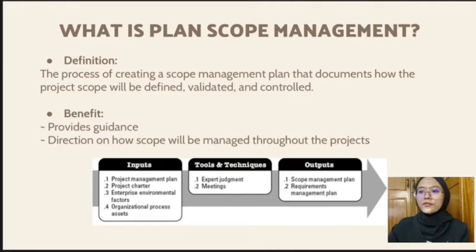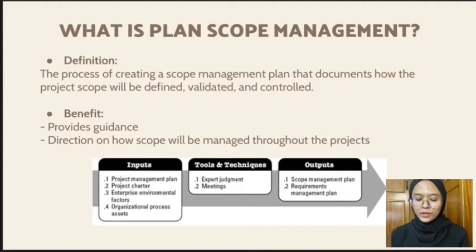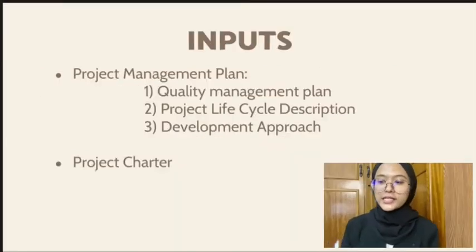If you can see the flow below, it includes inputs, tools and techniques, and the outputs. In other words, Plan Scope Management makes it easier for the project managers and supervisors to allocate the right amount of work necessary to successfully complete a project and control what is and what is not part of the project scope. The first one is inputs.